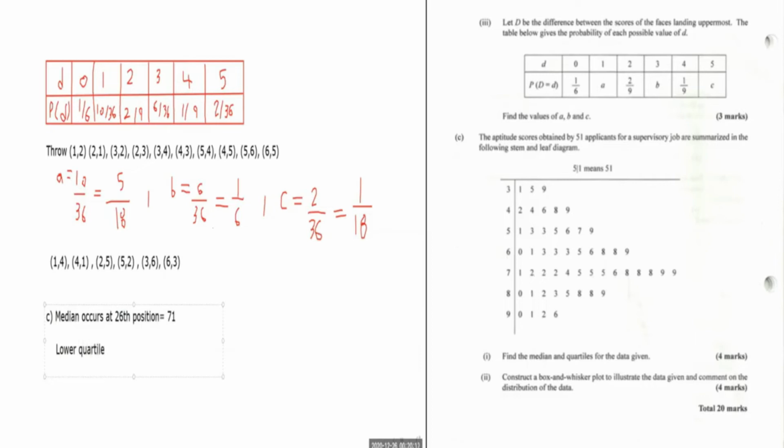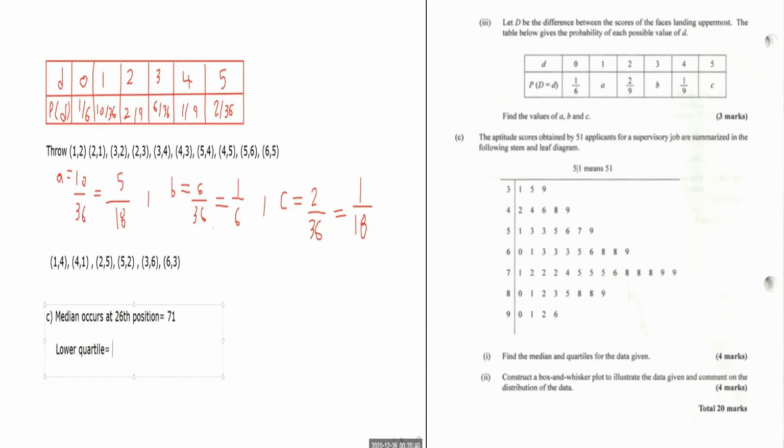The lower quartile is going to be equal to, it's a quarter, it's 0.25 times n plus 1, which is 51 plus 1, which is 13. So we're looking for the 13th term, which is 1, 2, 3, 4, 5, 6, 7, 8, 9, 10, 11, 12, 13.